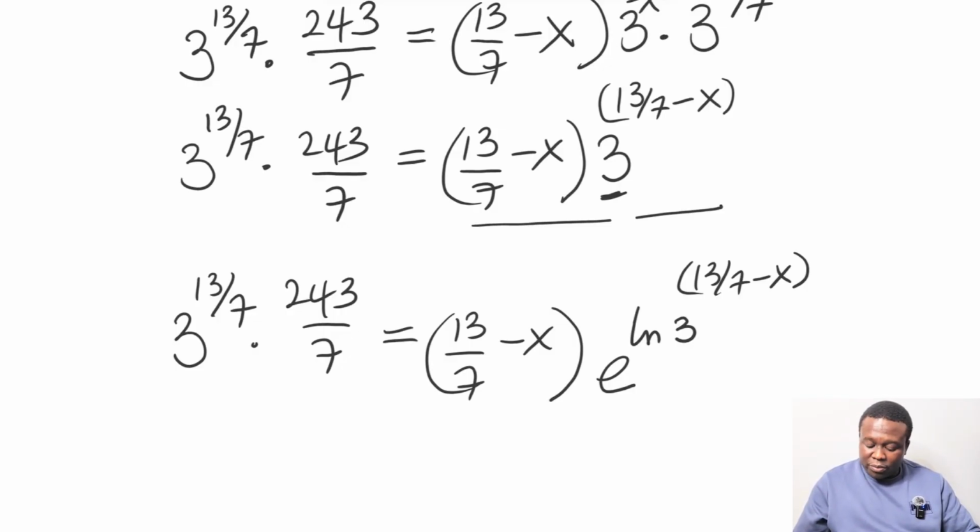Right. So now we have ln 3 being introduced into this equation on the right-hand side. So we can multiply both sides by ln 3 so that we have ln 3 at the base and also ln 3 at the power.